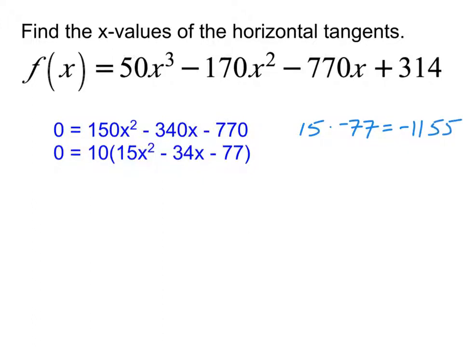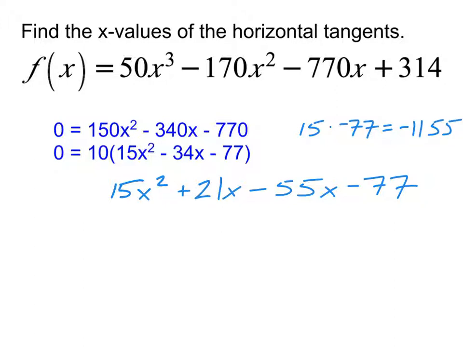And then I have to find the two numbers that add to negative 34 and multiply to negative 1155. And so, that gives me 15x squared plus 21x minus 55x minus 77.